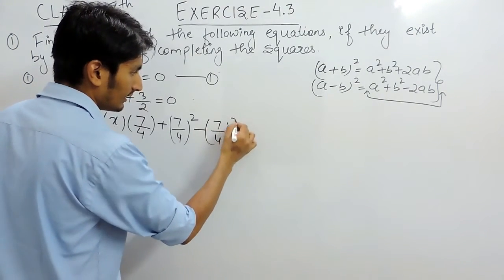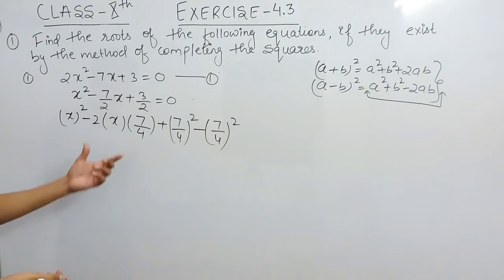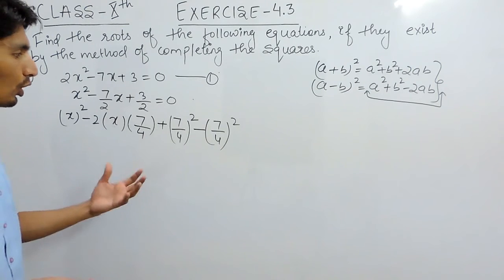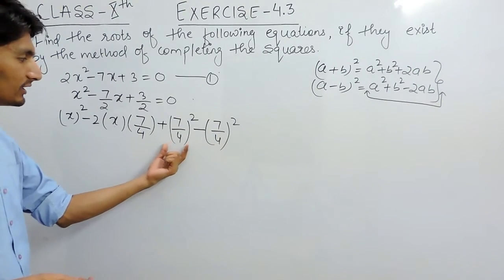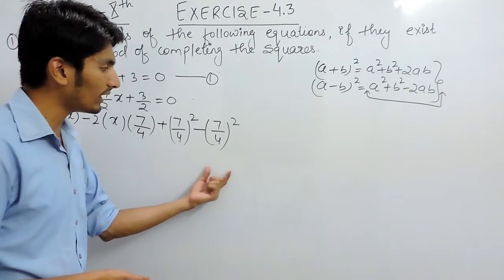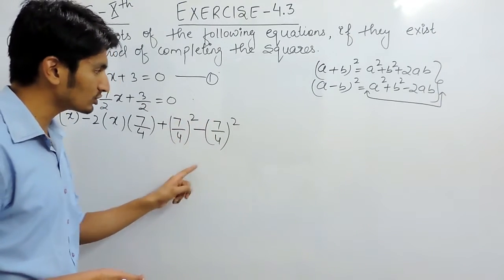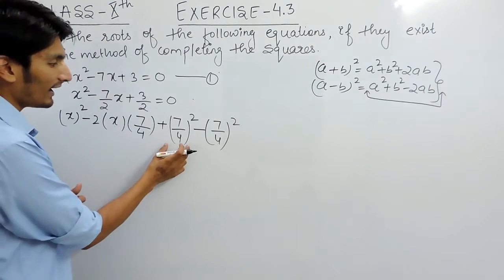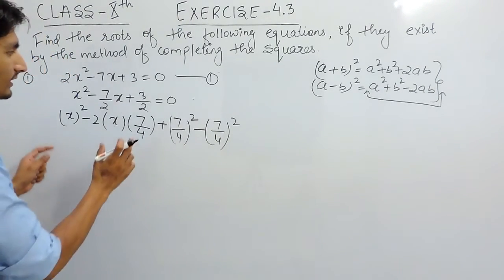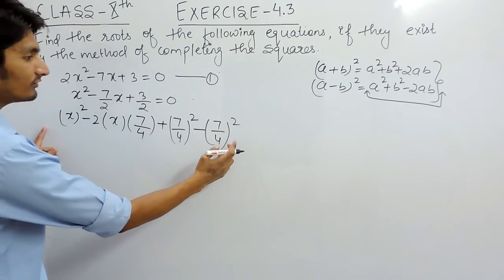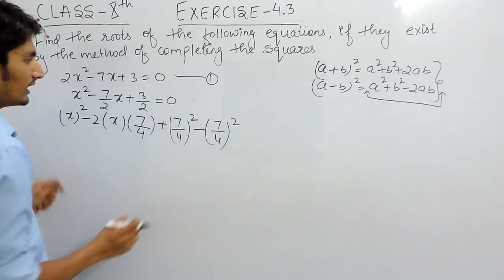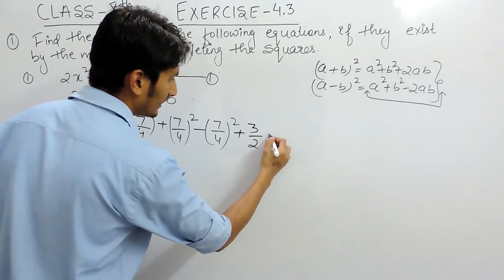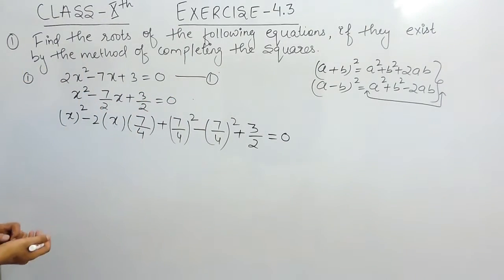If we only add this value to this expression, the value of the whole expression gets changed. If I am adding something, I have to subtract an equal amount, so that the value of the whole expression does not change. And 3 upon 2 was already there, so this will remain as it is.